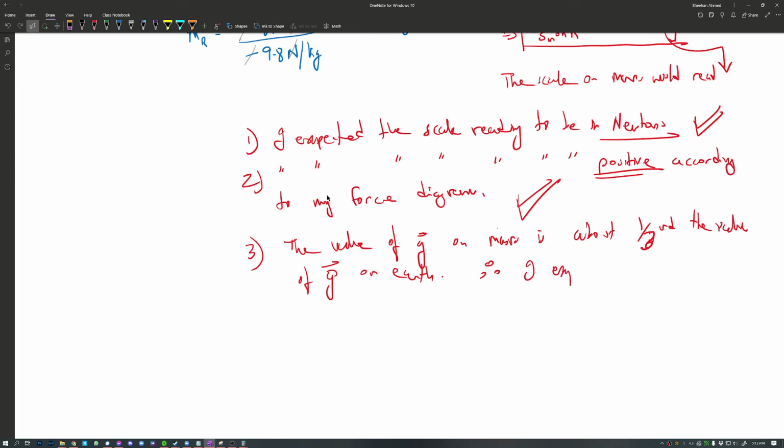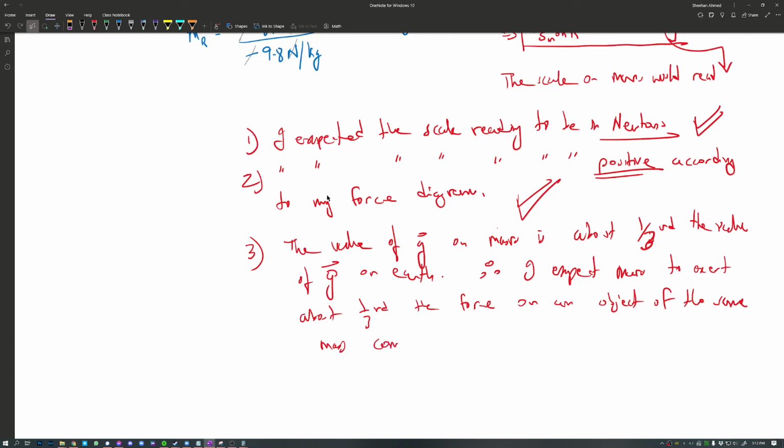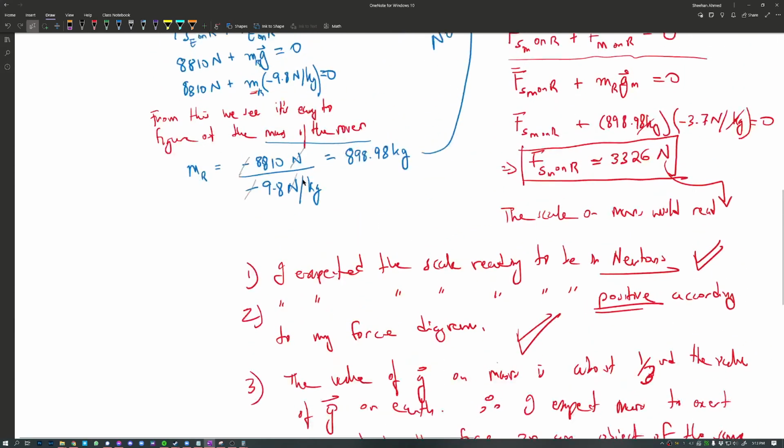Therefore, I expect Mars to exert about 1/3 the force on an object of the same mass compared to the force that the Earth would exert on it. Let me check that.